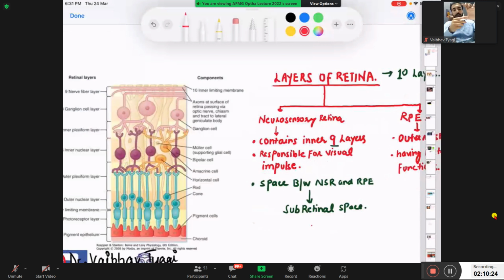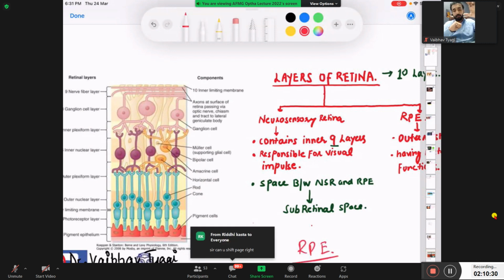Okay. Now, can you tell me which layer of the eyeball is present behind or beneath this RPE? Which layer is present?